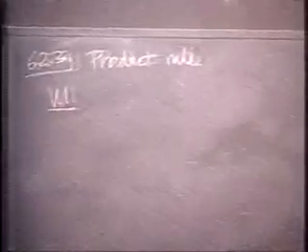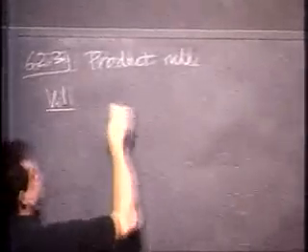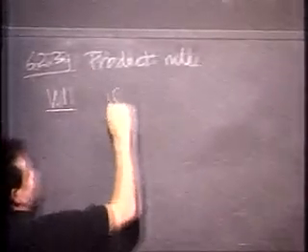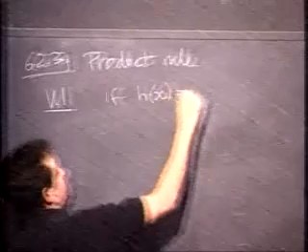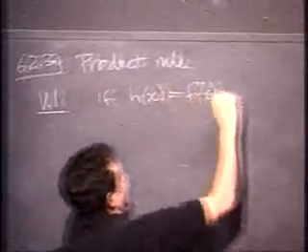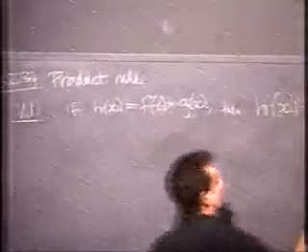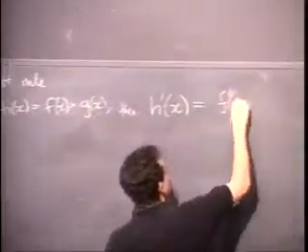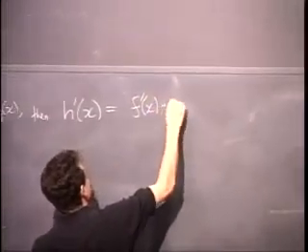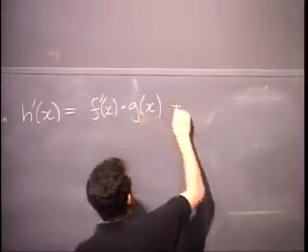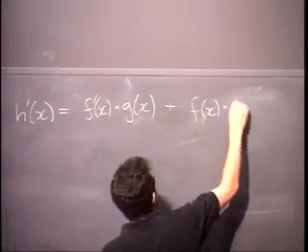Version 2 is actually the more common rule, but this is a common way to write it, and it's worth learning. If h of x is the product of f of x and g of x, then, assuming these are both differentiable, the derivative is not just f prime times g prime. It is actually the derivative of f times g of x plus f times the derivative of g.